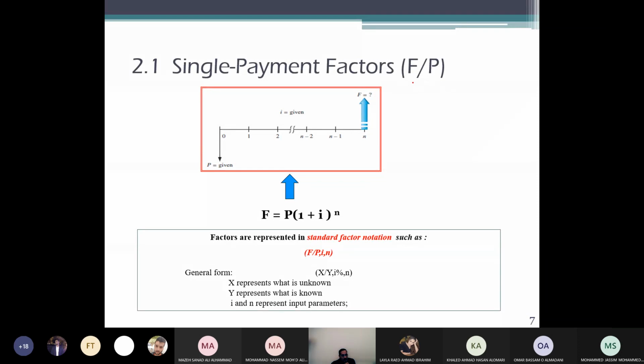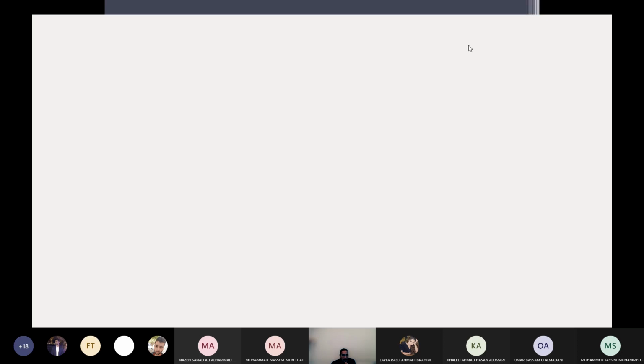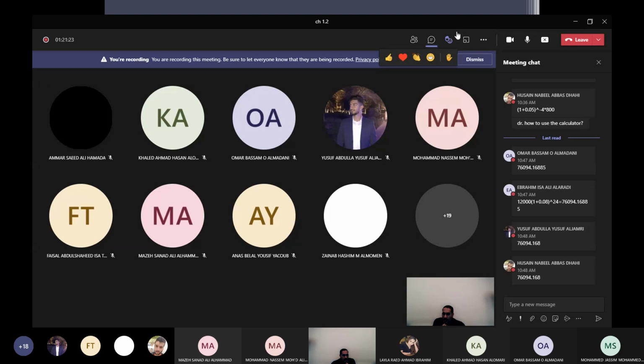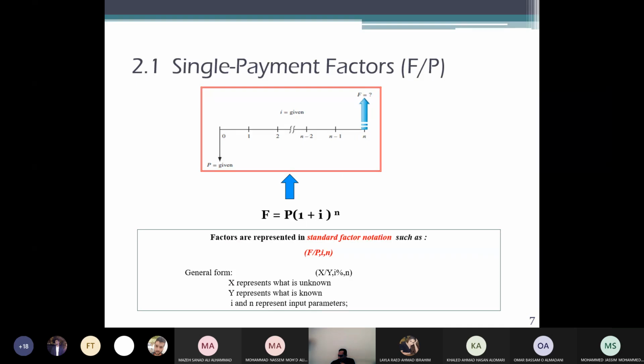Now, if we are looking at finding a future amount, okay, if we are trying to search for a future amount, we learned from the basis that this is the actual formula to compound over a period.